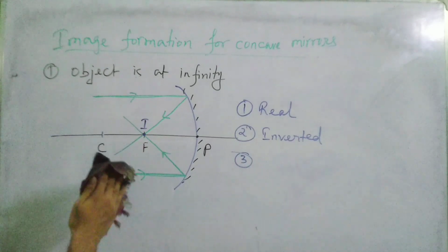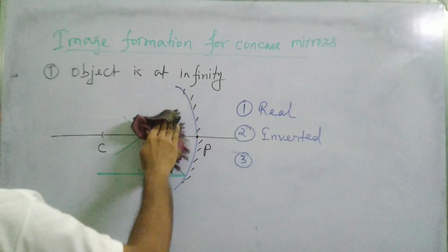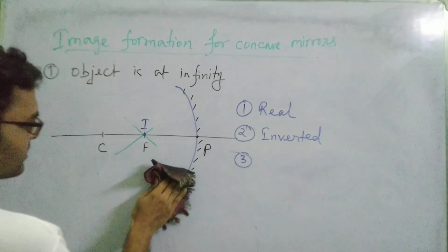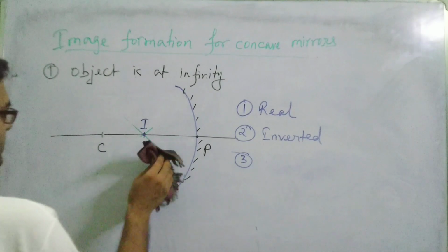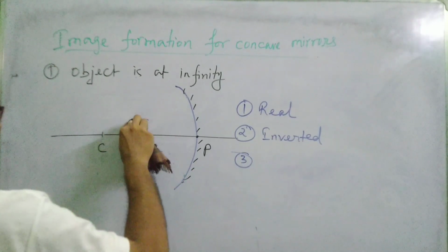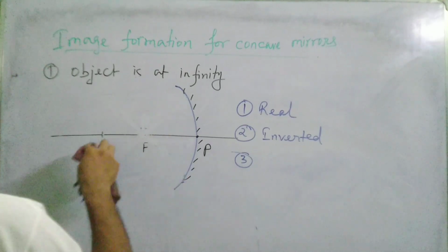We are just changing the figure in the concave mirror. Okay. So we are going to draw the second figure, and for that we are just going to erase the rays from where the light rays were coming and the image position. Okay, fine.